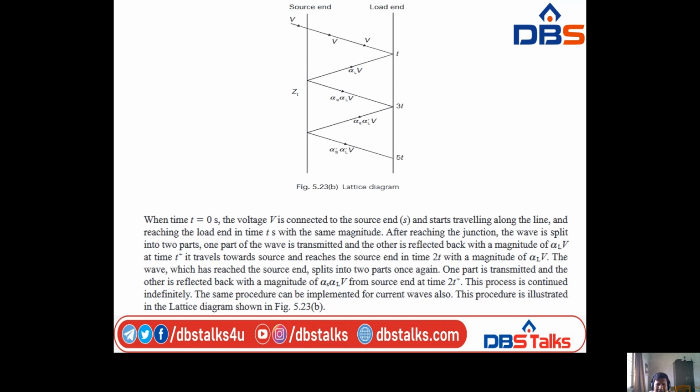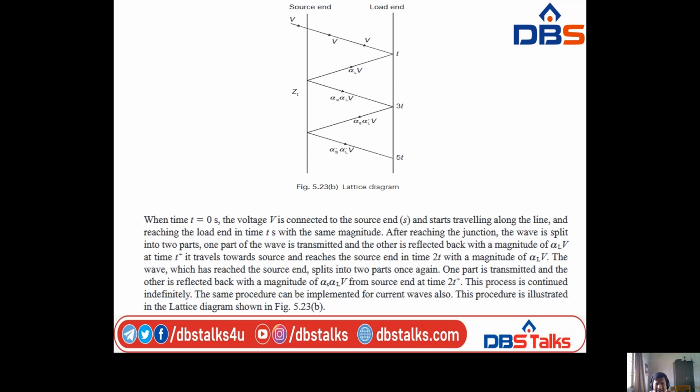One part of the wave is transmitted and the other is reflected back with a magnitude of alpha L V at a time t plus seconds. It travels towards the source and reaches the source end at a time 2t with a magnitude of alpha L V.